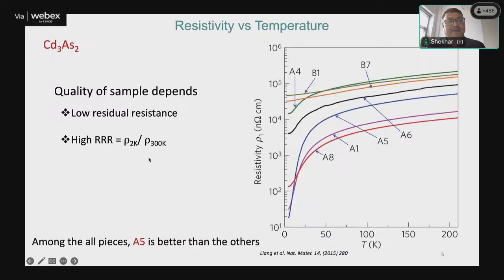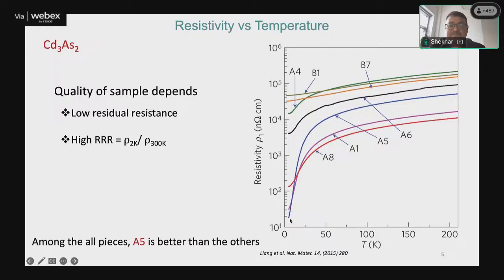Also the RRR, the residual resistance ratio, shows how much the resistance changes from room temperature to low temperature. If we have a large change, we can say that piece of the sample is of good or highest quality. Like here, sample number A5, which is blue, has the lowest residual resistance among all these six or seven pieces.